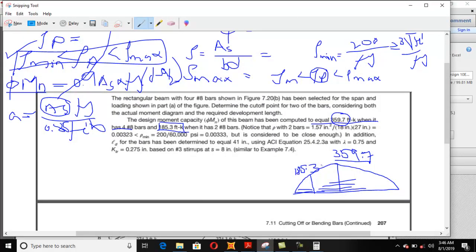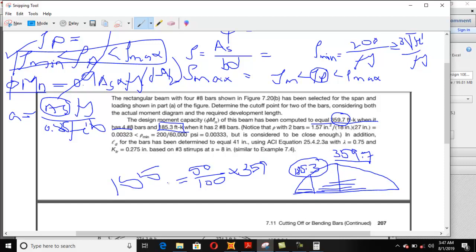So you can say this is around 50% of the maximum value, around 50% of this 359 value. Clear? This will give you around 185.